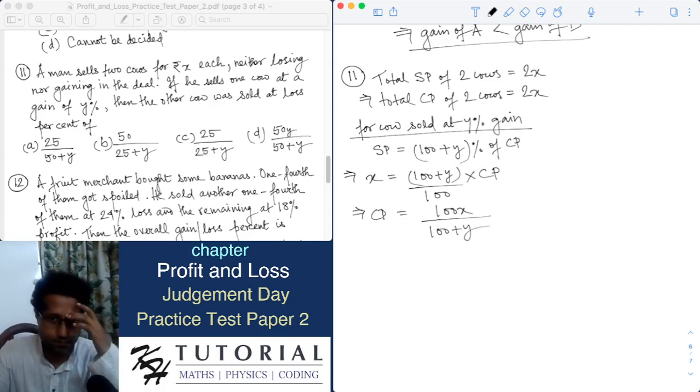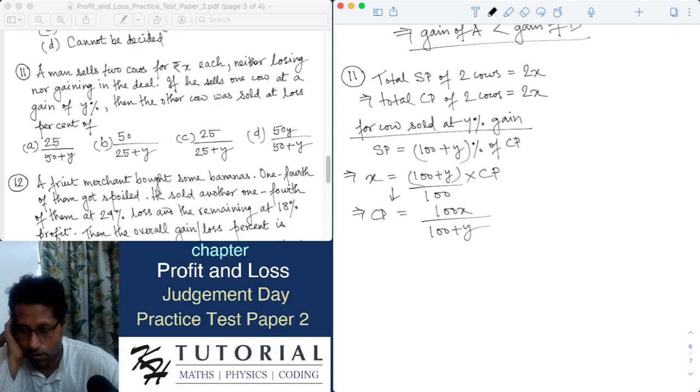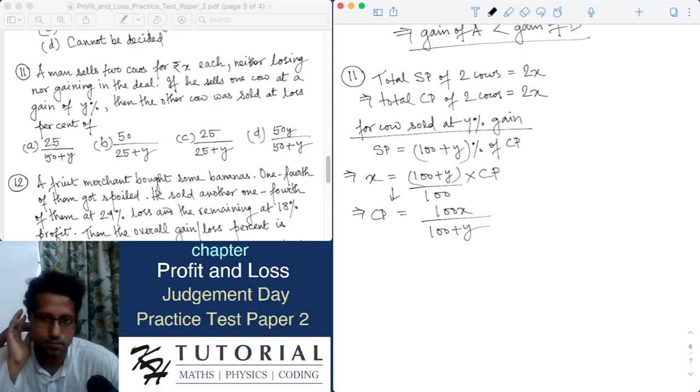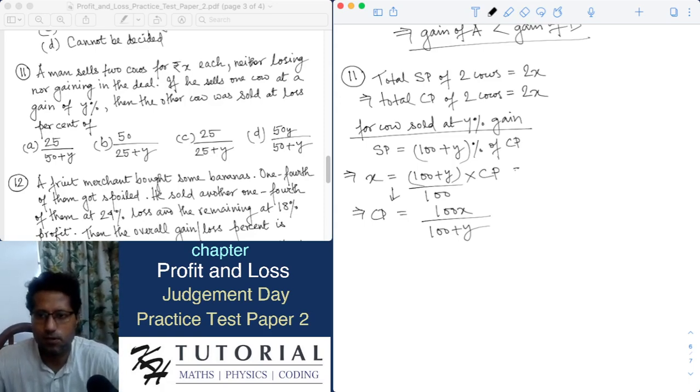I hope you have completed the chapter on linear equations in one variable or algebraic expressions. This is 100 plus y into CP divided by 100. So we are doing cross product.